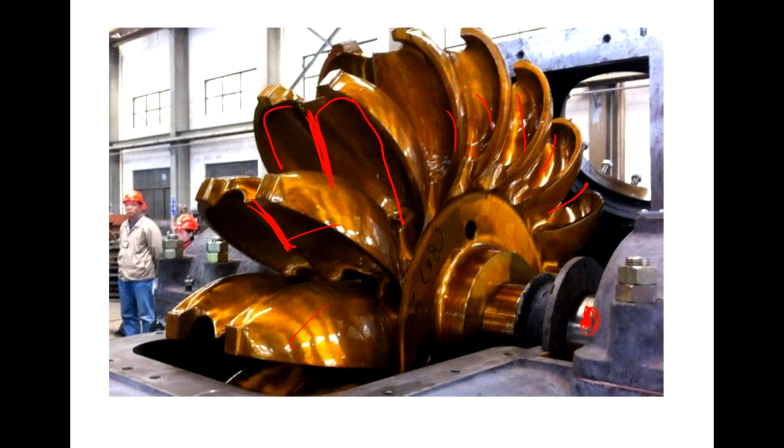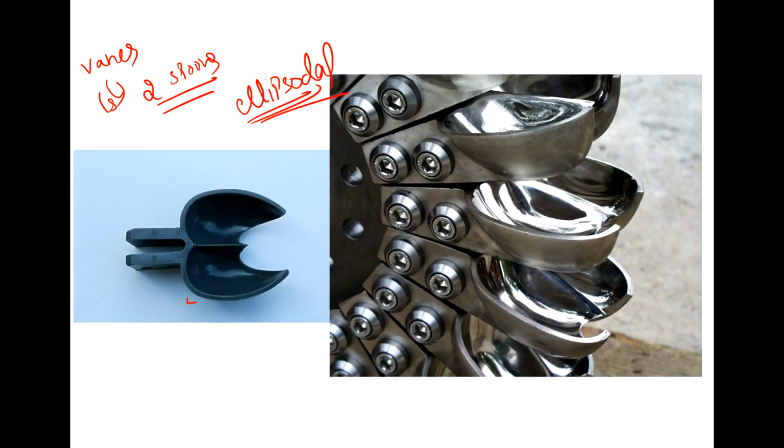You could see here, as I already showed you, this is the practical visualization, what we are generally using in the industry. This has been taken from Google, just to help you understand in a better way. In this figure, you could see the vanes much more properly.